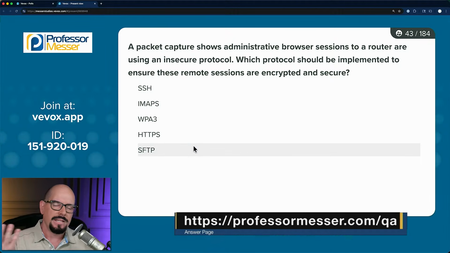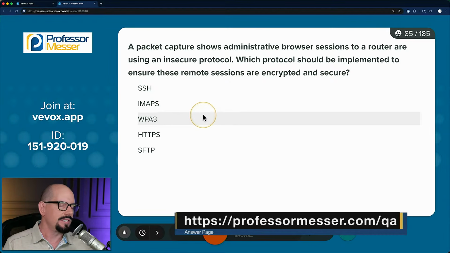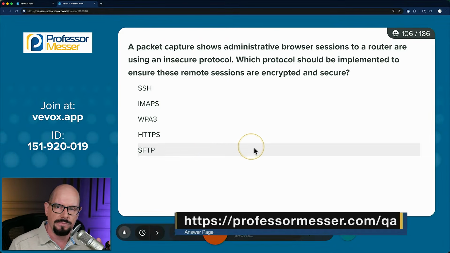It's just a bunch of letters thrown together. Does it mean something? I think it might. A packet capture shows administrative browser sessions to a router are using an insecure protocol. Which protocol should be implemented to ensure these remote sessions are encrypted and secure? Is it SSH, IMAP-S, WPA3, HTTPS, or SFTP? If you think you know the answer, use the link on your screen.